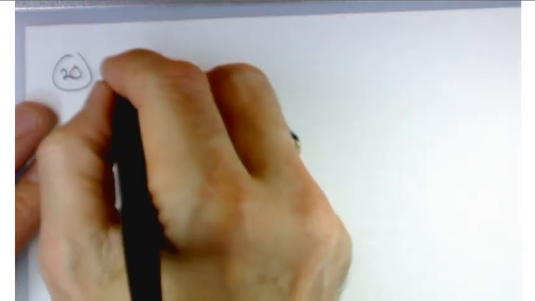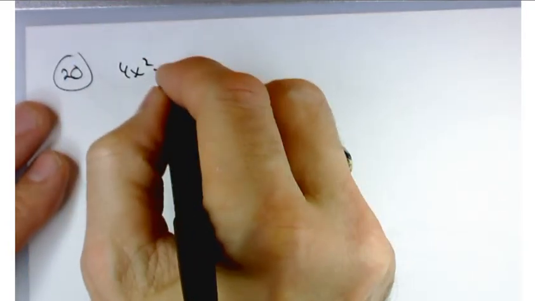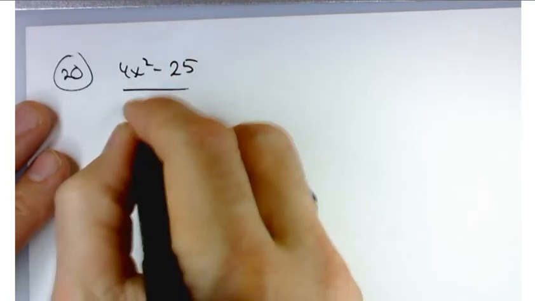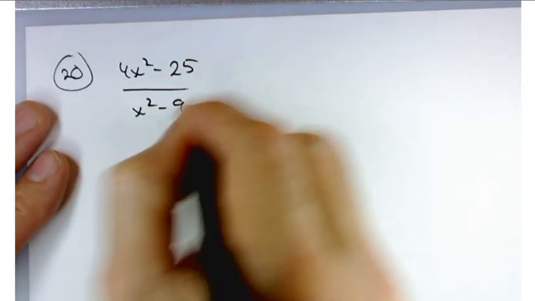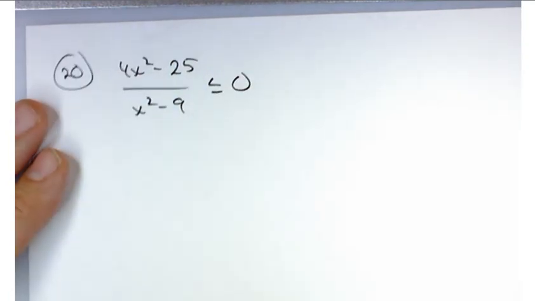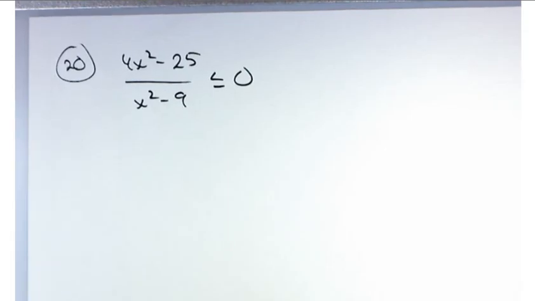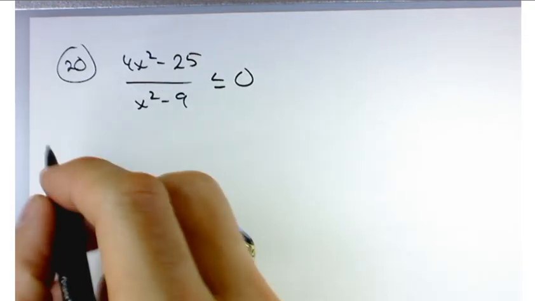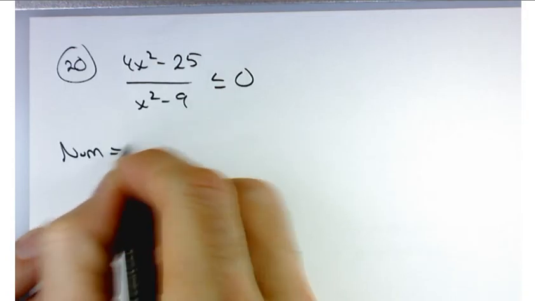So 4x squared minus 25 over x squared minus 9 is less than or equal to 0. So this is a friendlier problem. We've already got 0 on one side. We've already got the fraction written. It's just one fraction on the left-hand side, so we're good. We need to figure out where the numerator equals 0 and where the denominator equals 0.